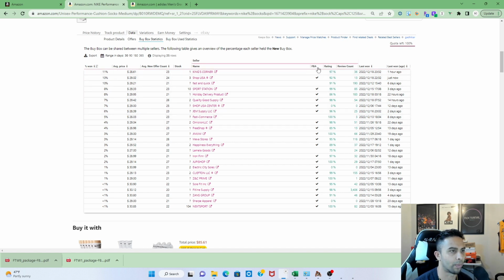And you can see on the right here, it checks off if they're doing it FBA. So this person and this person are selling it through FBM, which means that maybe if you came in with FBM, you have a good chance of also winning the buy box, since it was apparent that these two sellers are FBMing and they have a pretty good share of the buy box rotation.